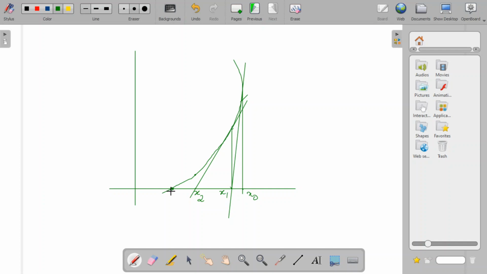This tangent cuts at a point which is closer to the solution. Again at that point of the function you find the tangent, the process continues, and finally you come to the exact solution of this equation. So this is how the Newton Raphson method works.